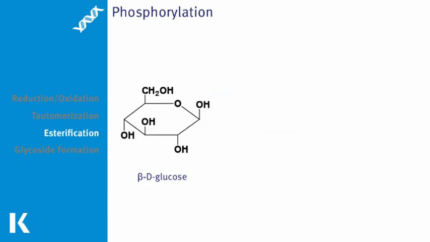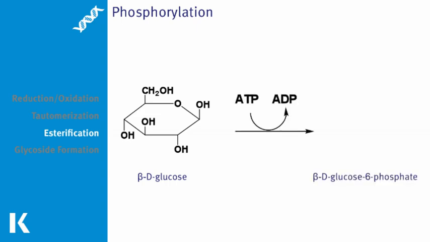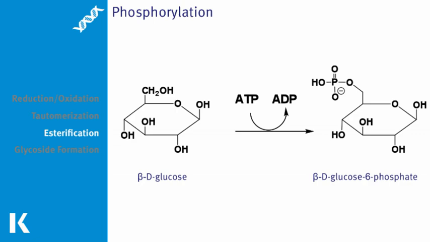Now that you've seen how esterification proceeds, it's time to introduce a common example of esterification that's likely to appear in your MCAT, and that is phosphorylation. Just like in the previous example where we started with a molecule of beta-D glucose, this time that hydroxyl group is going to be replaced with a molecule of inorganic phosphate from ATP, which produces the product beta-D glucose 6-phosphate.